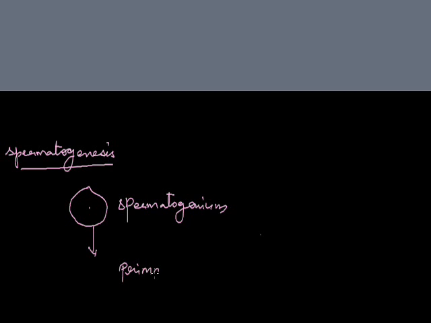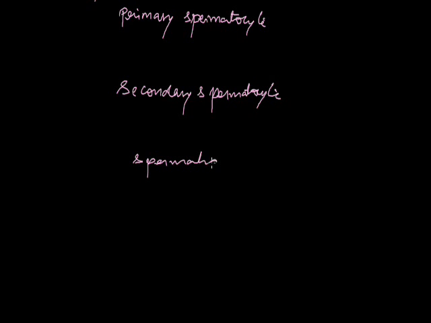Then the primary spermatocyte is converting into the secondary spermatocyte, and here the secondary spermatocyte is converting into the spermatids, and finally the spermatids are converting into the sperms.